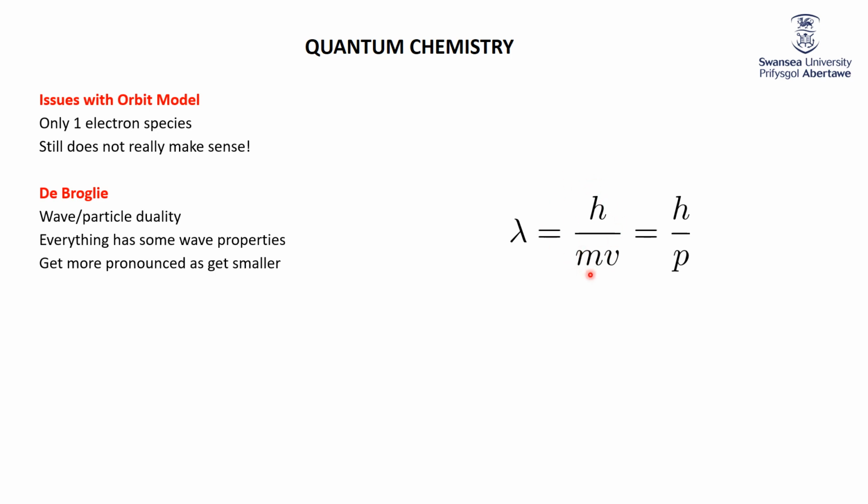A big fat lump like me, my wavelength is so tiny it's pretty much negligible. You go down to a tiny little thing like an electron and its wavelength becomes very significant. So what we're saying here, thanks to de Broglie, is that in order to explain the properties of electrons, we cannot just think about it in terms of particles.